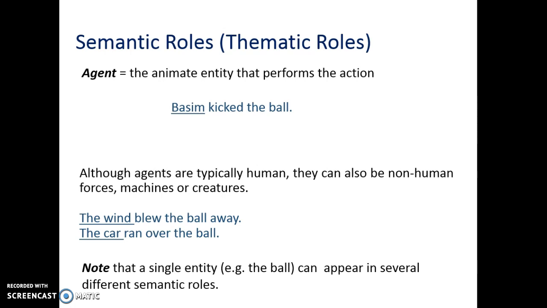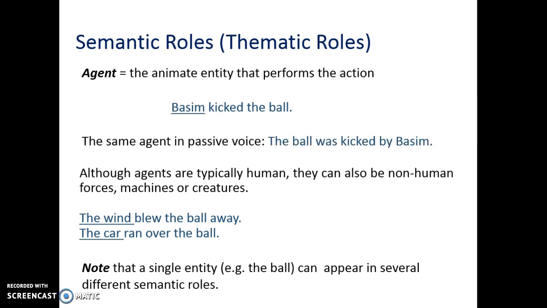A single entity like the ball can appear in several different semantic roles. And the same agent, you can check it if you use the passive voice. For example, the ball was kicked by Basim. Basim kicked the ball. So this is the same agent.